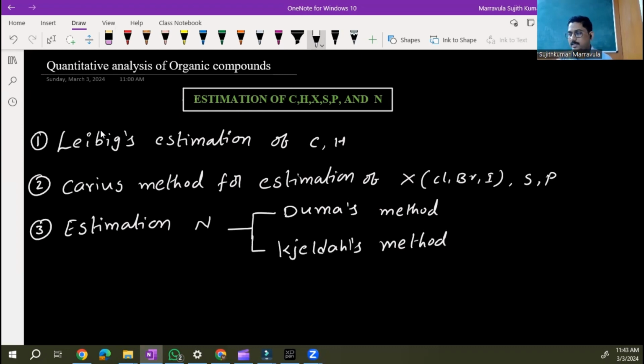Both are very important, and Kjeldahl's method is the most commonly used method for estimating nitrogen more accurately. The Dumas method we also use. So we can see them one by one.